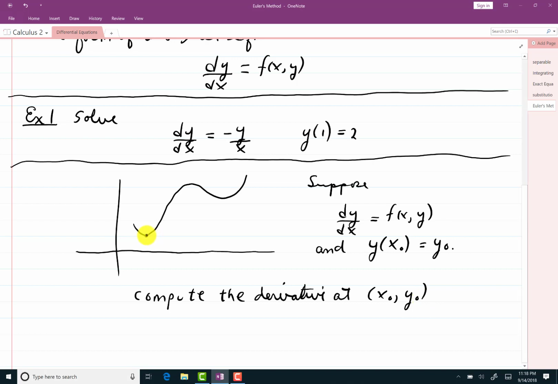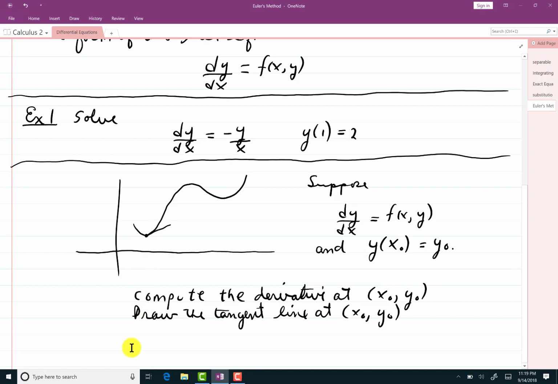And what you're going to do is draw the tangent line emanating from that point. So draw the tangent line at x naught, y naught, and you'll get something. This line here is the tangent line at that particular point.